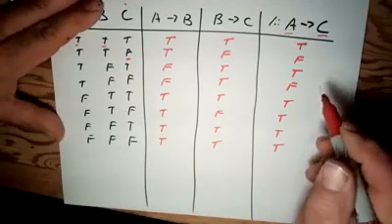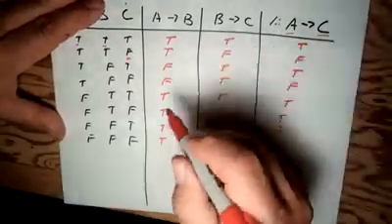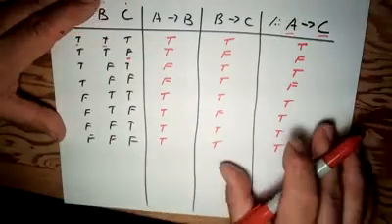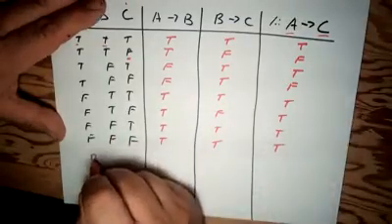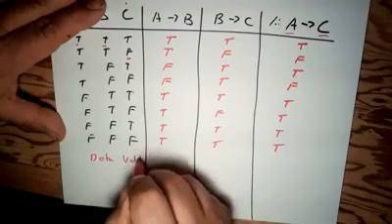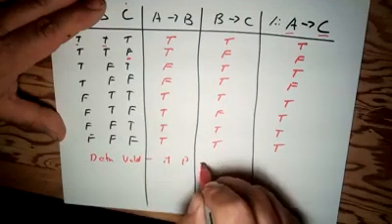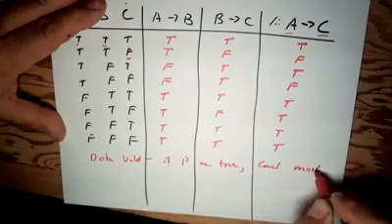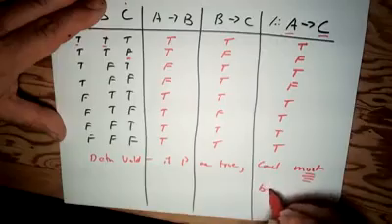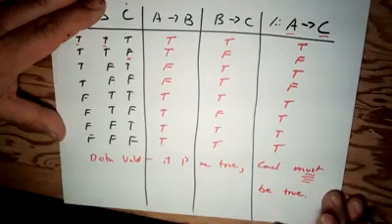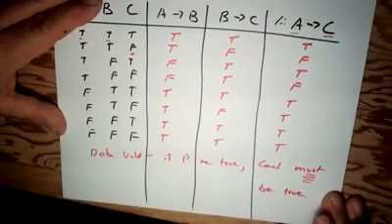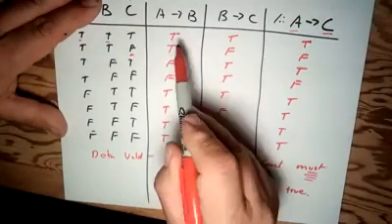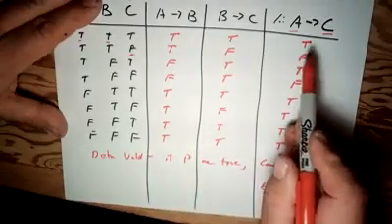And now we've done all the table completing part, but we have to ask ourselves, what was the point of that? What are we trying to do? Remember the definition of valid. If the premises are true, the conclusion must be true. So we can check here and see, okay, the true premises lead to a true conclusion, check.